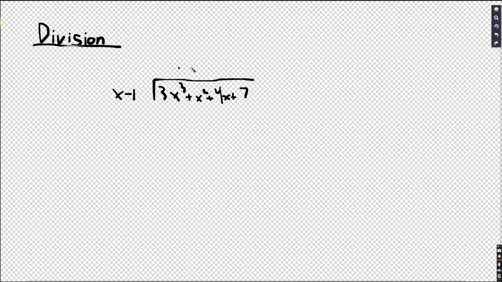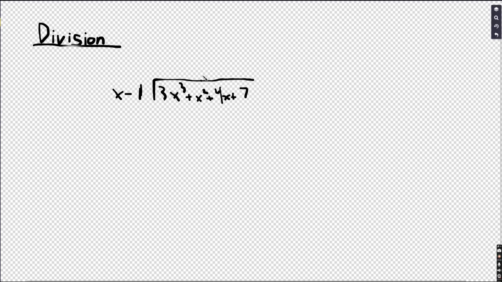What do we need to multiply x by to get 3x cubed?